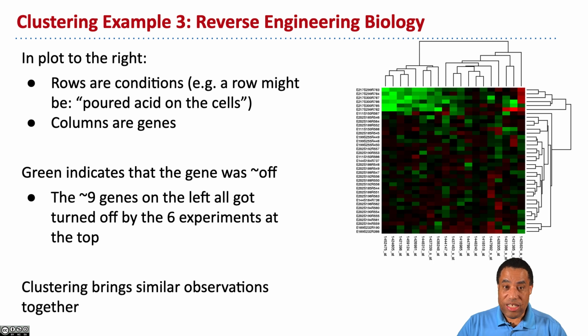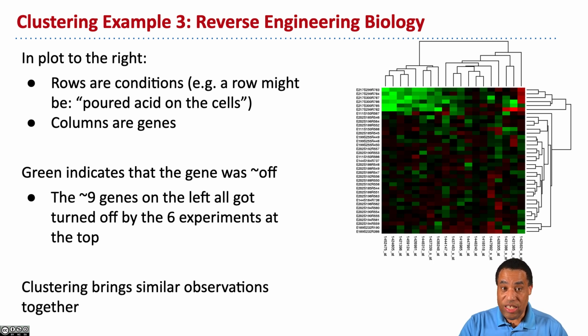This is called a dendrogram plot, and we can see that there are two broad groups. Along the x-axis, it looks like, not cells, genes, there's one group of 9 genes to the left. In terms of conditions, we can also see that there are two large groups: one large group and one group of 6 experiments that are clustered together.